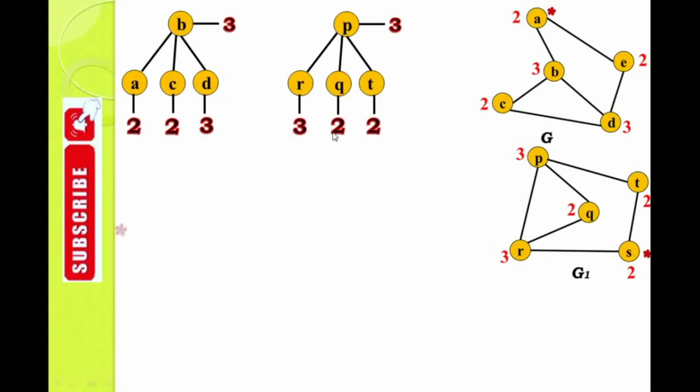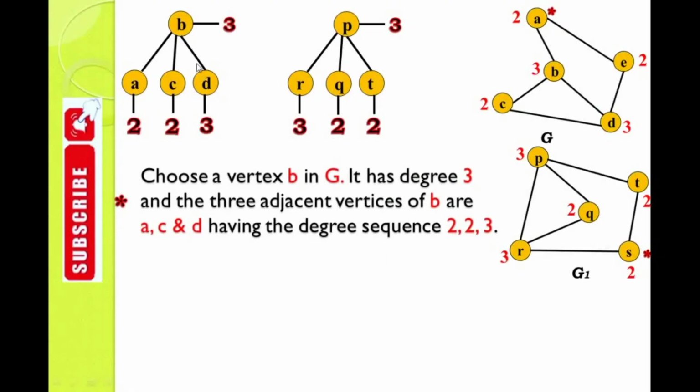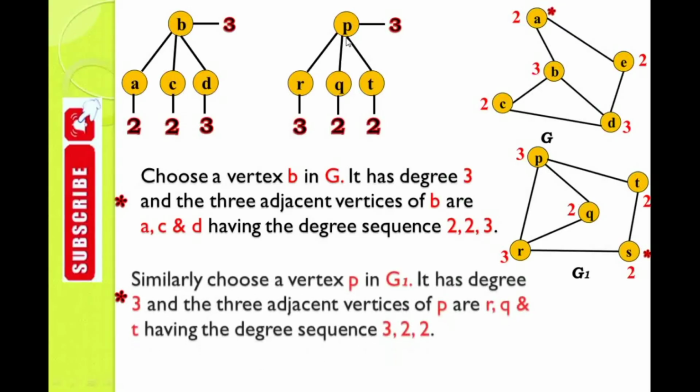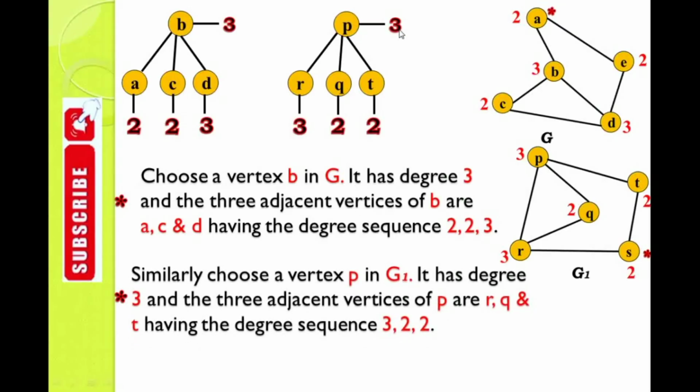Now we write a theory. Choose a vertex B in graph G. It has degree 3 and the 3 adjacent vertices of B are A, C, D having degree sequence 2, 2, 3. Similarly, we choose a corresponding vertex P in graph G1. It has degree 3.